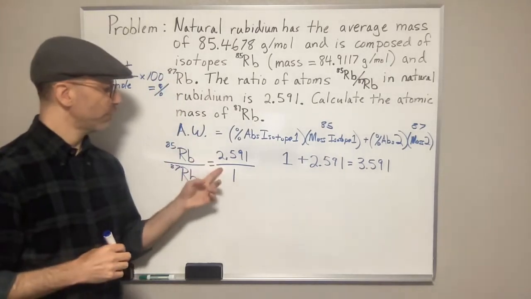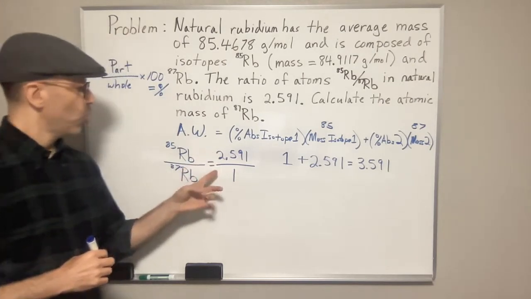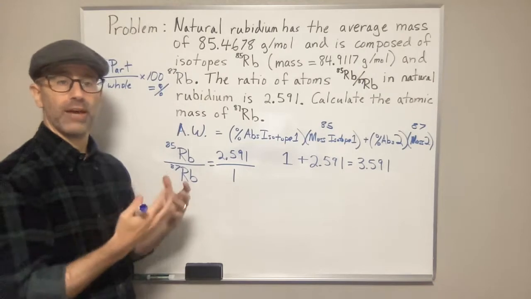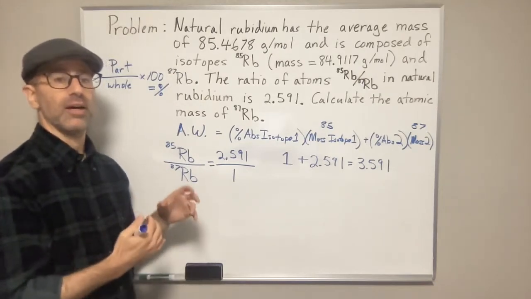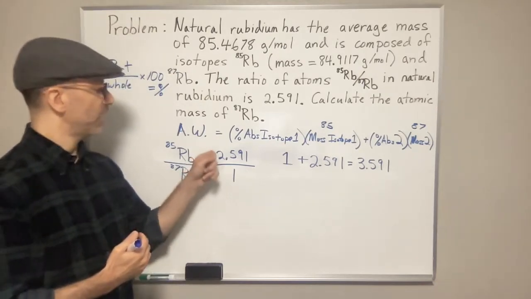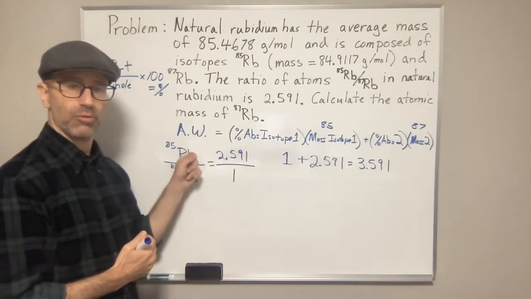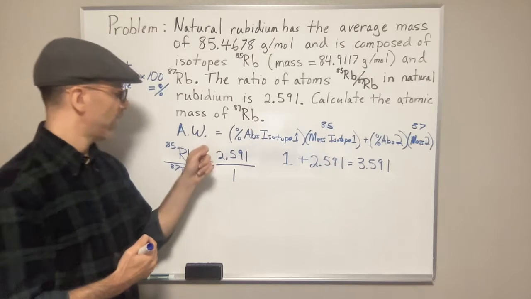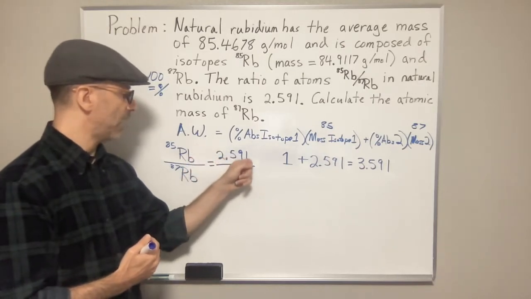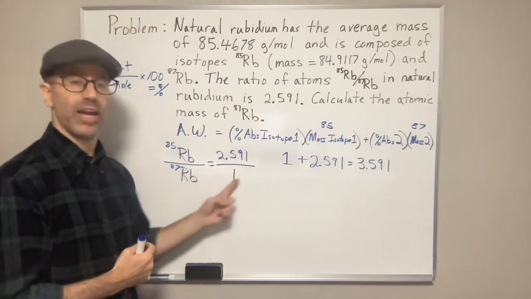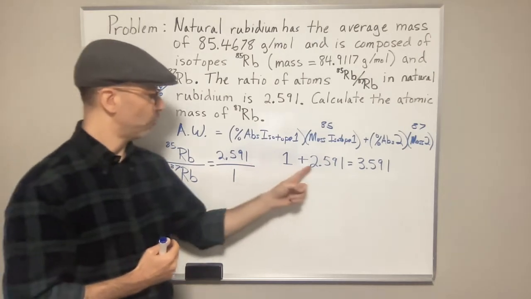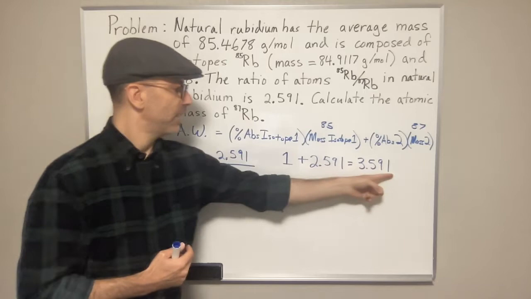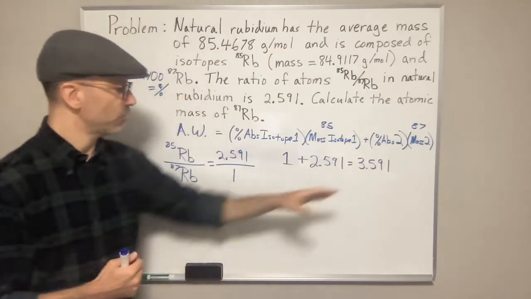So using the fraction that they gave us, we can get a whole from there. For every one atom of rubidium-87, we have 2.591 atoms of rubidium-85, so the total would be 1 plus 2.591, which gives us 3.591. So that's our total.